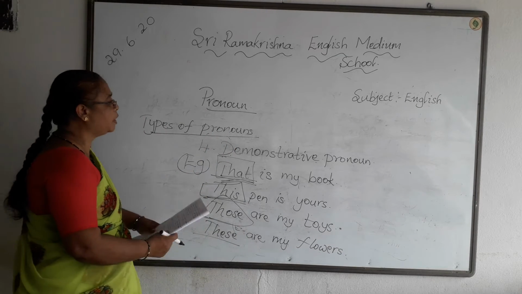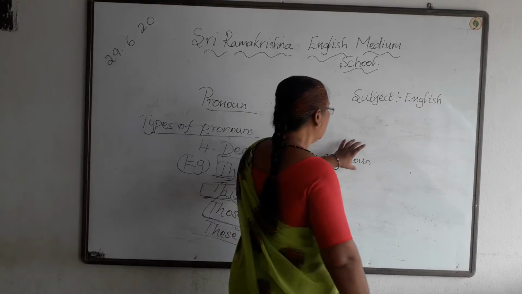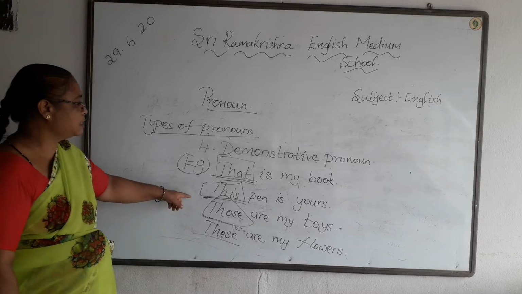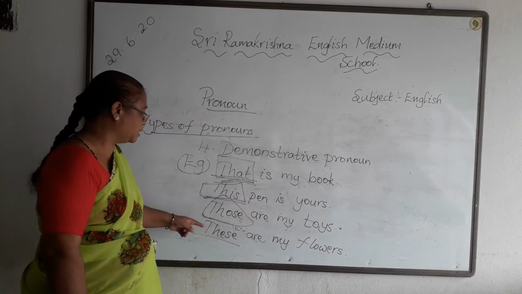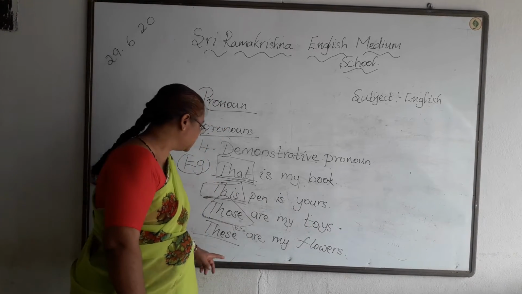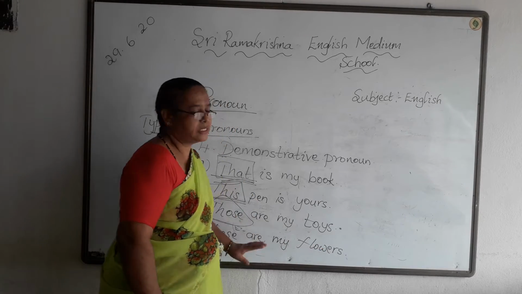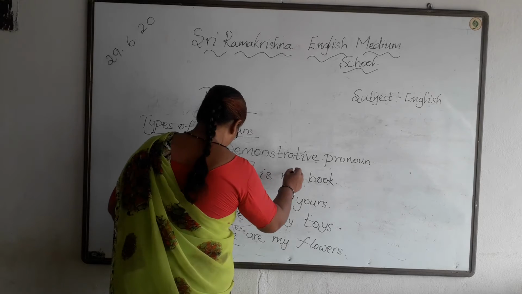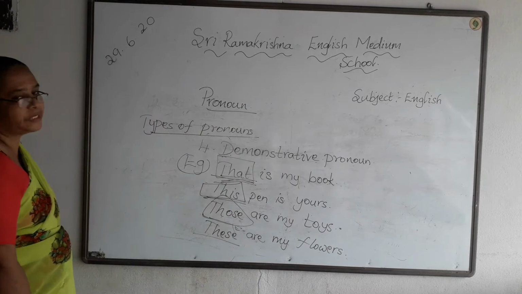So demonstrative pronoun is to show something clearly. That is my book. This pen is yours. Those are my toys. These are my flowers. Understood? Demonstration means showing or making something clear.